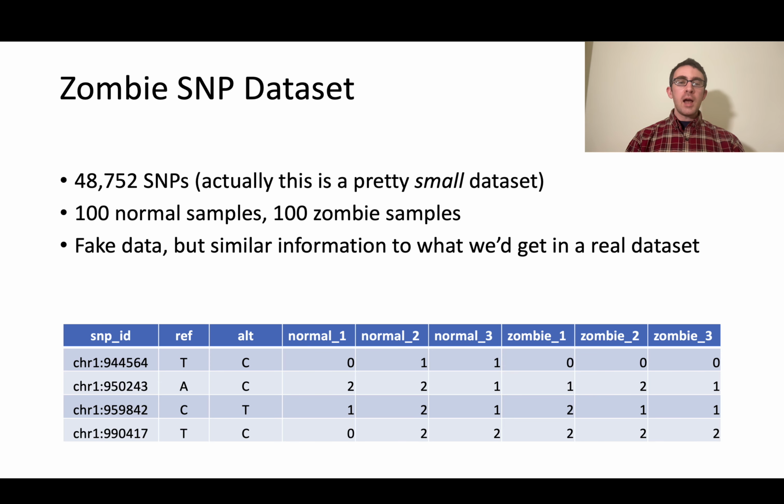So I assumed that in this SNP position the reference was a T, and the only possible alternate allele was a C, when I was making up this fake data.